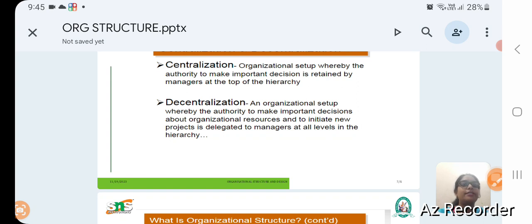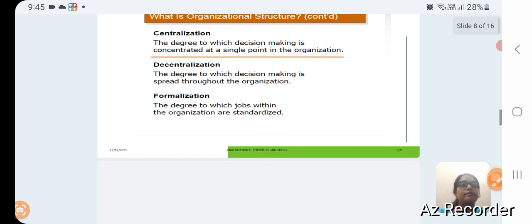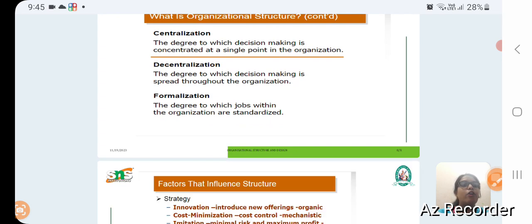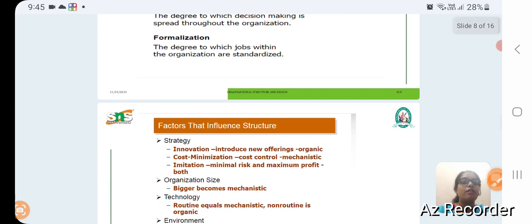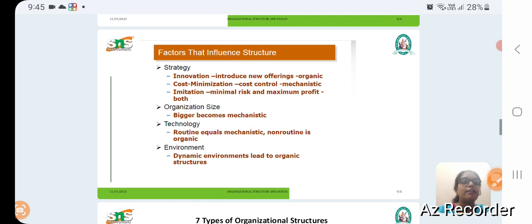Next is formalization. Formalization is the standard they follow inside the organization, that is mentioned in the organization structure and design. That is the degree to which jobs within the organization are standardized. That is formalization. The factors that influence organization structure are strategy, organization size, technology, and environment.